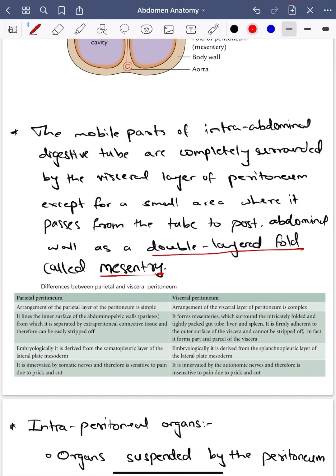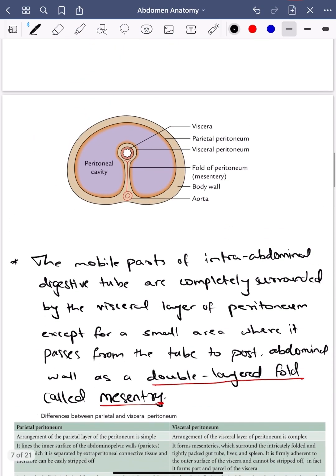You can just have a read through that. Now the next thing we're going to discuss is the concept of intraperitoneal organs and retroperitoneal organs. Essentially, what we've discussed so far is a typical intraperitoneal organ, that is, it is surrounded completely by the peritoneum and is suspended by the mesentery.